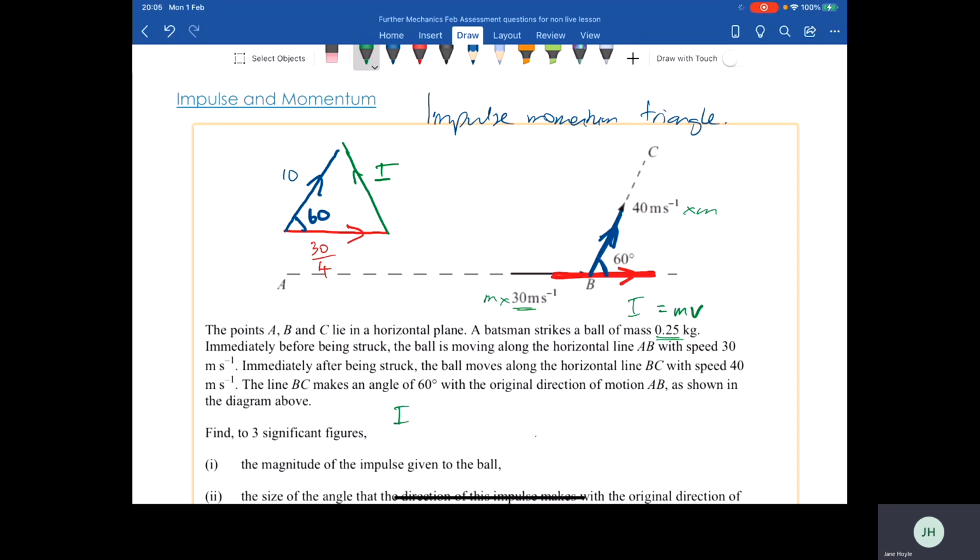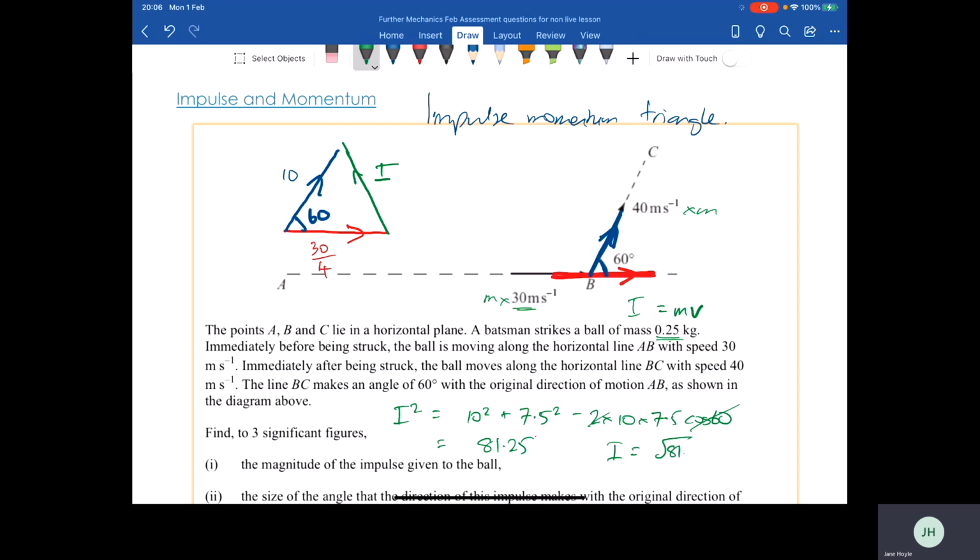So I squared is equal to 10 squared plus 30 over 4 squared, 7.5 squared, minus 2 times 10 times 7.5 times cos 60. So that is 81.25.